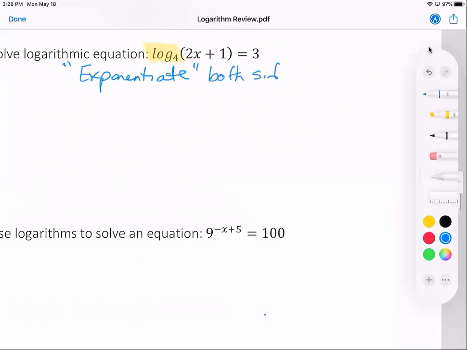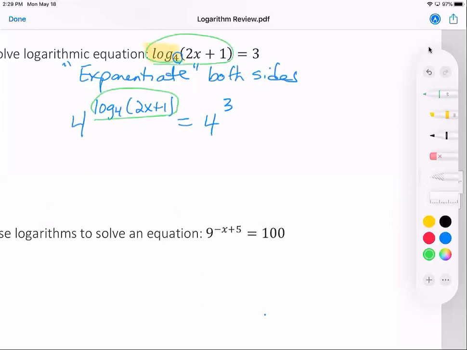That means we're going to raise both sides to be exponents with the base of 4. So we have 4 raised to the log base 4 of 2x plus 1, and that equals 4 raised to the third. So notice that this whole thing becomes an exponent right here, and this becomes an exponent right here.